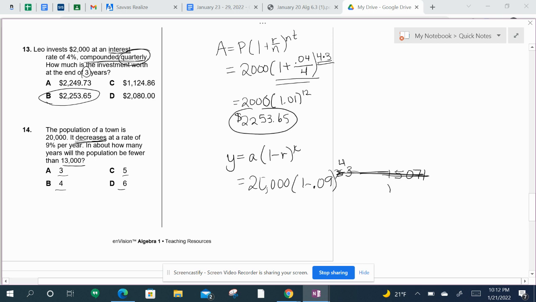And when I do that, I get 13715, so 13,715 people. Still not less than 13,000, so it must not be 4. I try 5. When I do that, I get 12,481 people. That's fewer than 13,000. So 5 would be my best choice.